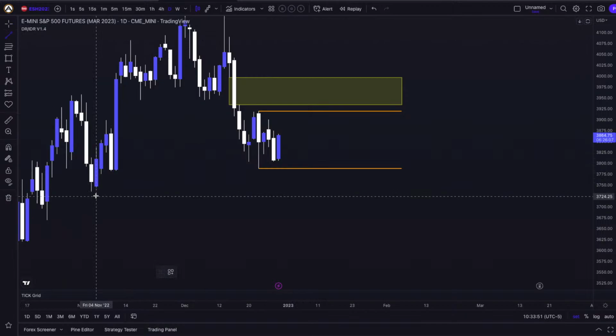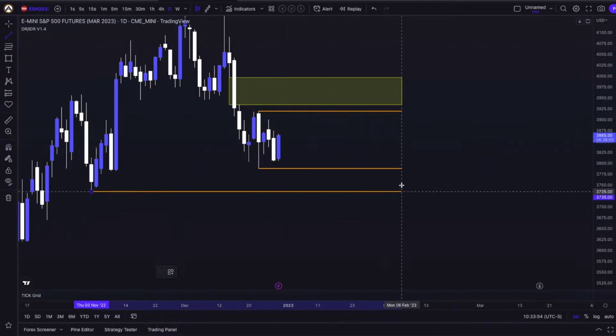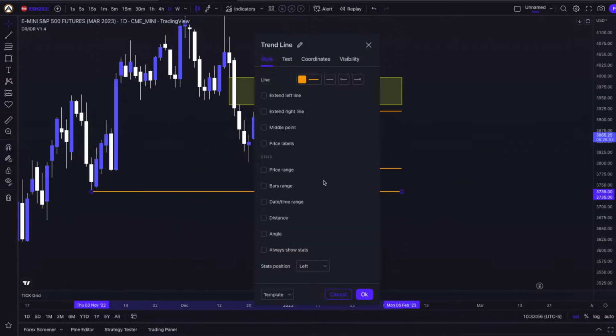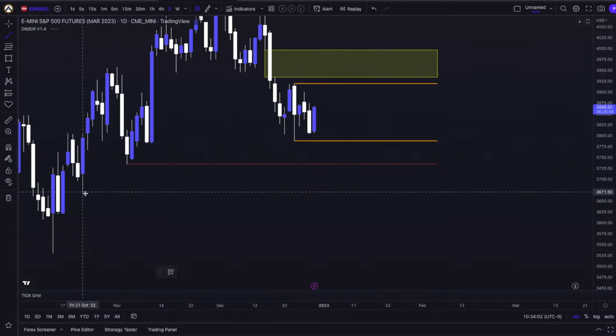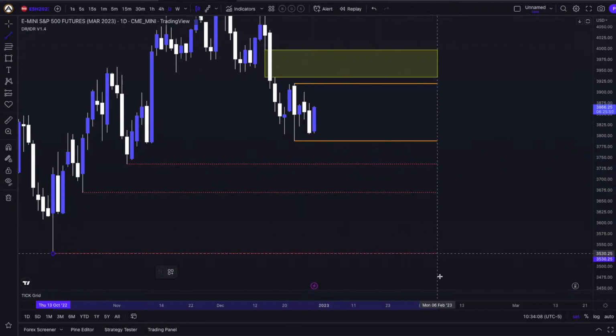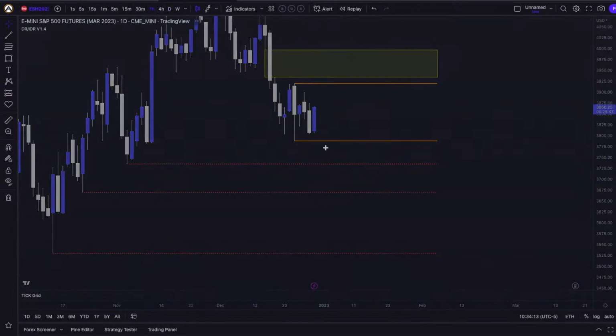So we are going to pick this low right here. For sell side liquidity, let's make it a dotted line, and we are coloring it in red. Next target would be this low, just based on our daily time frame, and afterwards we would be looking forward to target this low.